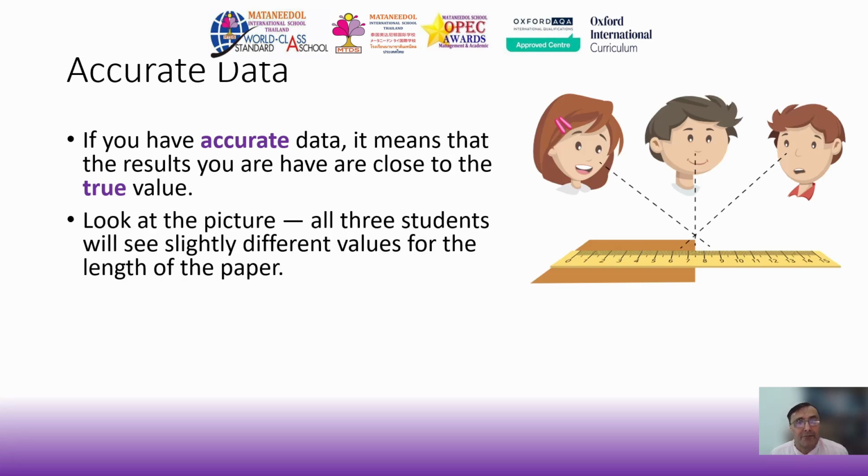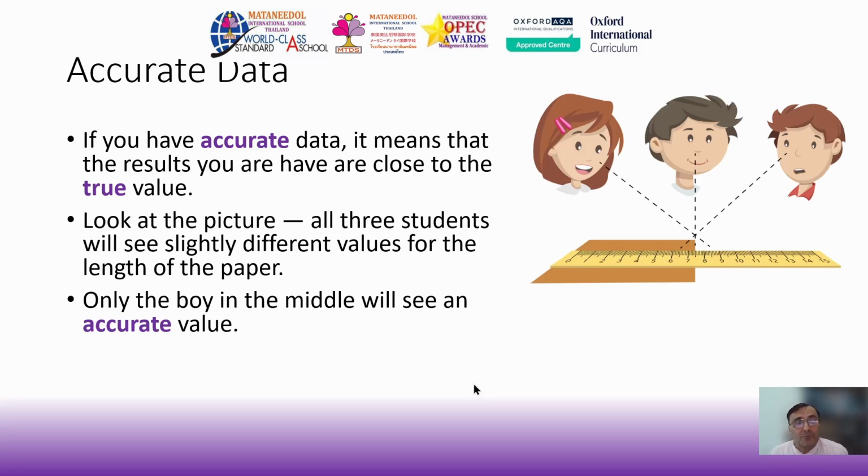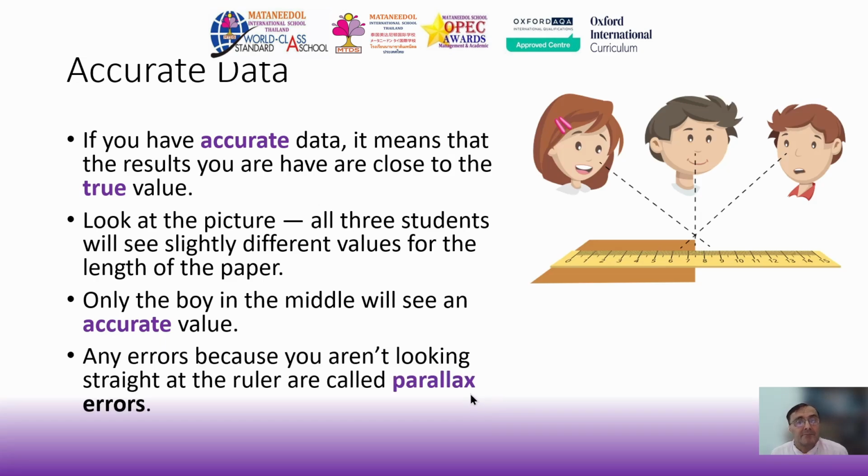So if you look at the picture, all three students will see slightly different values for the length of the paper, because they are looking at it from slightly different angles. So only the boy in the middle is going to see an accurate value, or one that is close to what it should be. Any errors that are seen by the other two students are called parallax errors.